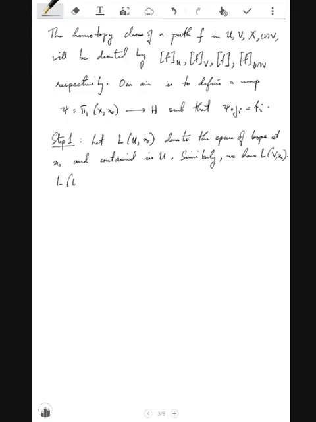So both these are subspaces of L(X, x0).